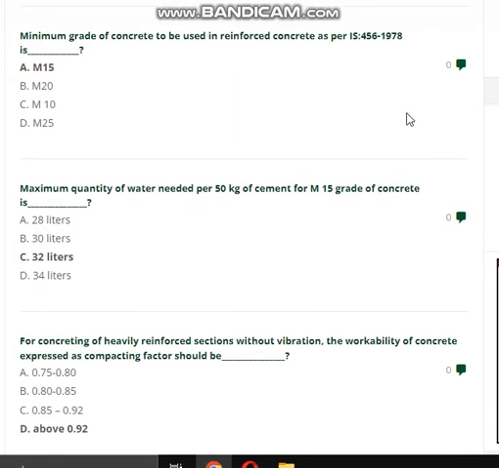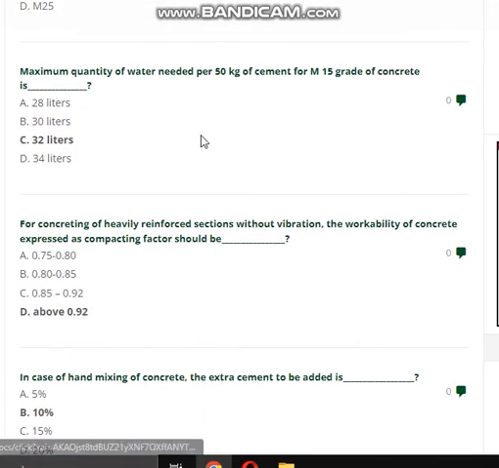Minimum grade of concrete to be used in reinforced concrete as per IS 456-1978 is M15. Maximum quantity of water needed per 50 kg of cement for M15 grade of concrete is 32 liters.